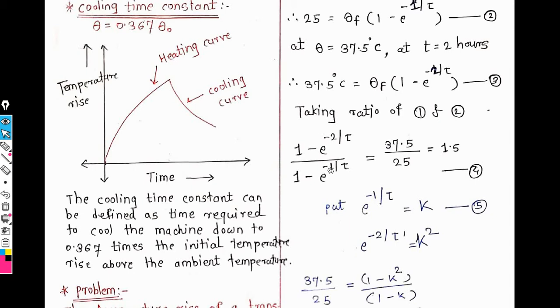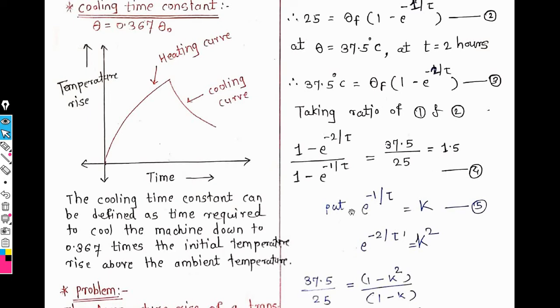Now this is time 1 hour for 25 degrees Celsius and time 2 hours for 37.5 degrees Celsius. Then the value is 1.5, and this equation can be solved.